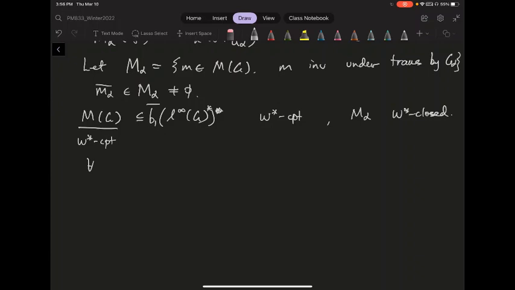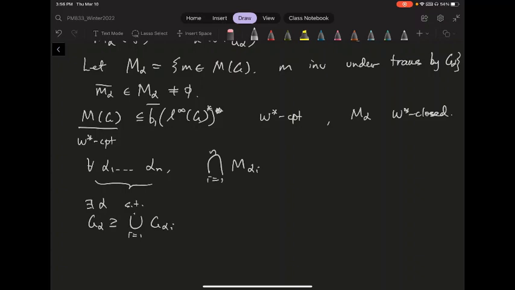So let's take any alpha 1 up to alpha n, and consider the intersection of the M alpha i, where i goes from 1 to n. Because your G is a directed system, that just means there exists some alpha so that the G alpha is going to contain the union of G alpha i, i going from 1 to n.